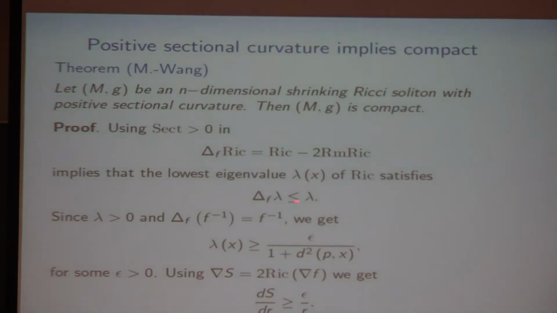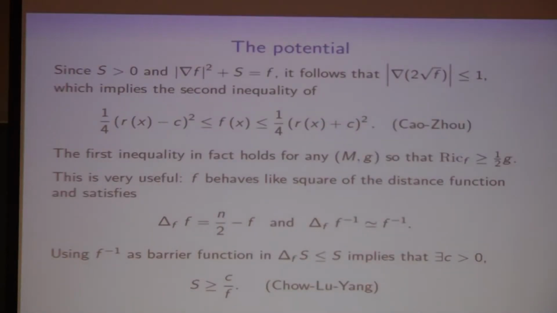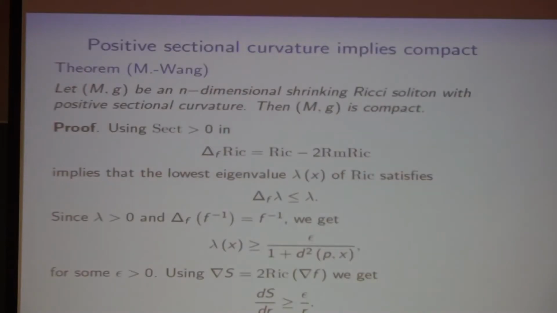You get an inequality. This is not smooth, so you get it in the sense of supports. But again, this is not really an equality. It's with some lower order terms that for today's purpose we ignore. Then we get the lower bound. It's exactly the same proof as before, by Bing-Long Chen, Peng Lu, and Bo Yang.